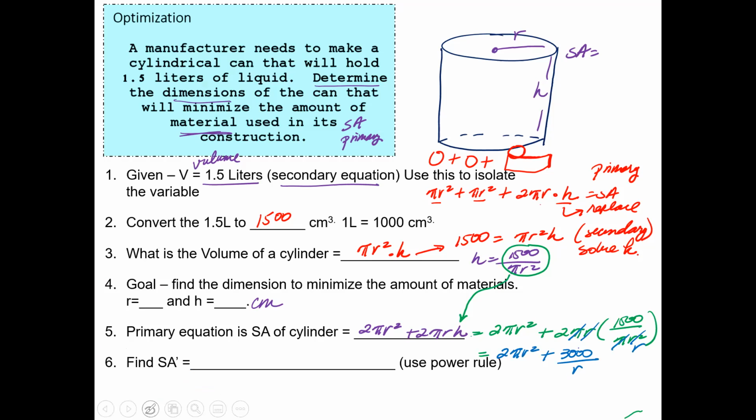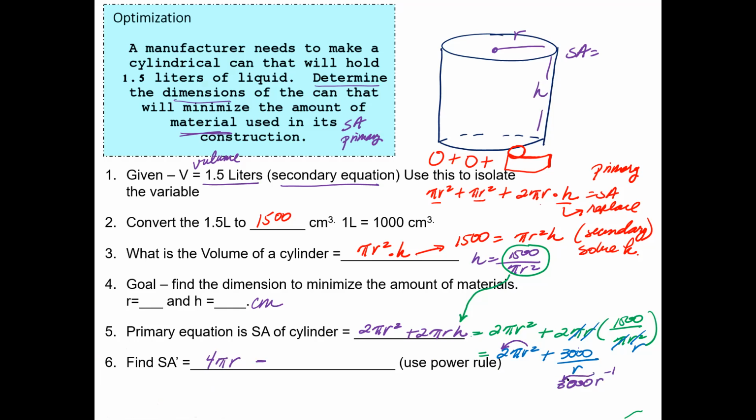Next, I want to find the SA prime, which is the first derivative of the surface area. It's going to be fairly easy because you're just going to do a simple power rule. So bring down the 2, you get 4 pi r minus, and if you take a look at this part here, what is the derivative of 3000 over r? Well, you can rewrite this as 3000 r to the negative 1 power.